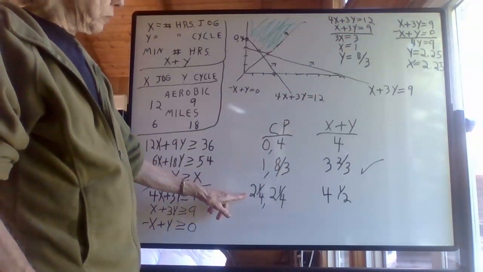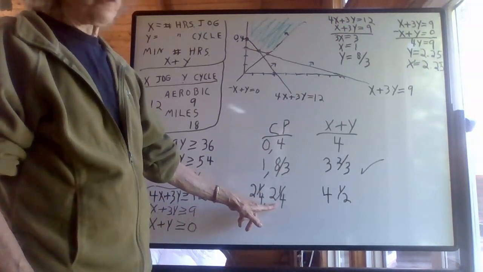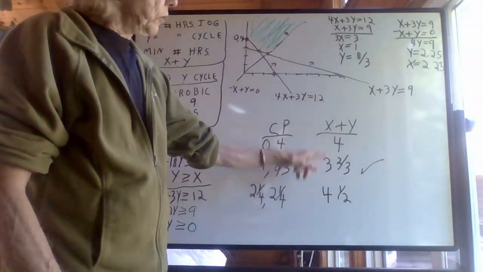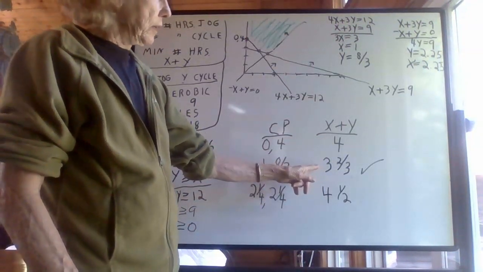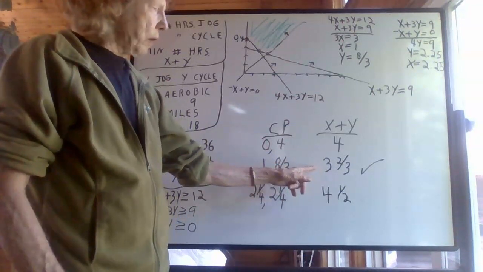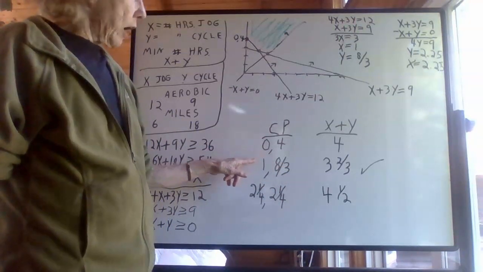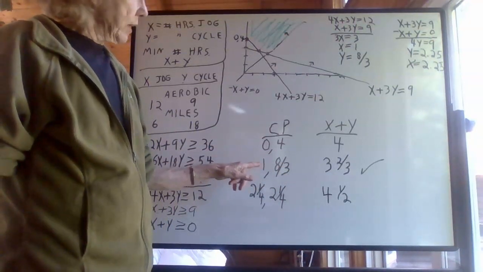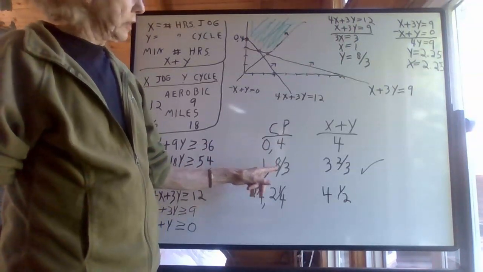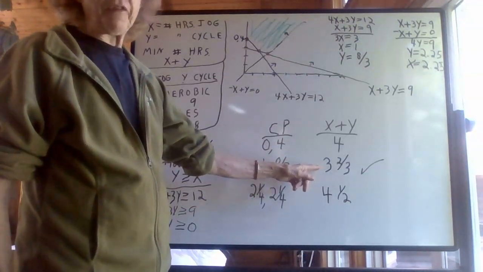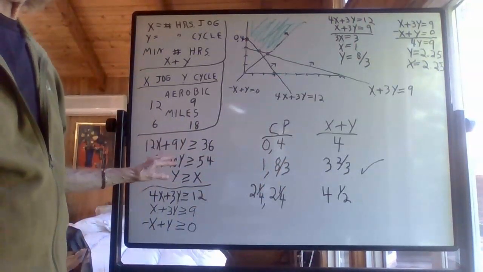Here, x would be 2 1/4 plus y 2 1/4 would be 4 1/2. Then you look to see which one gives the minimum number of hours, and it would be this one here. So you'd write out your final answer that she should jog 1 hour a day, cycle 2 2/3 hours a day for a minimum of this many hours, and that would satisfy her constraints here.